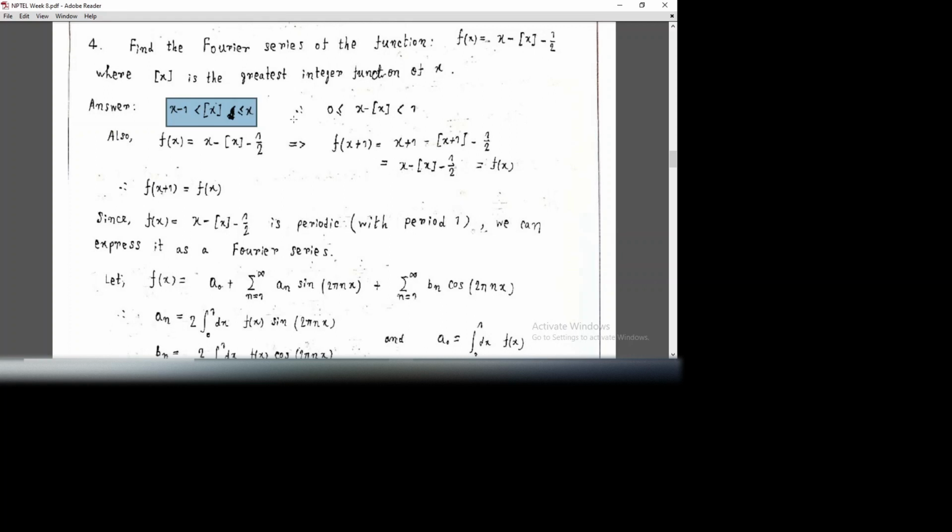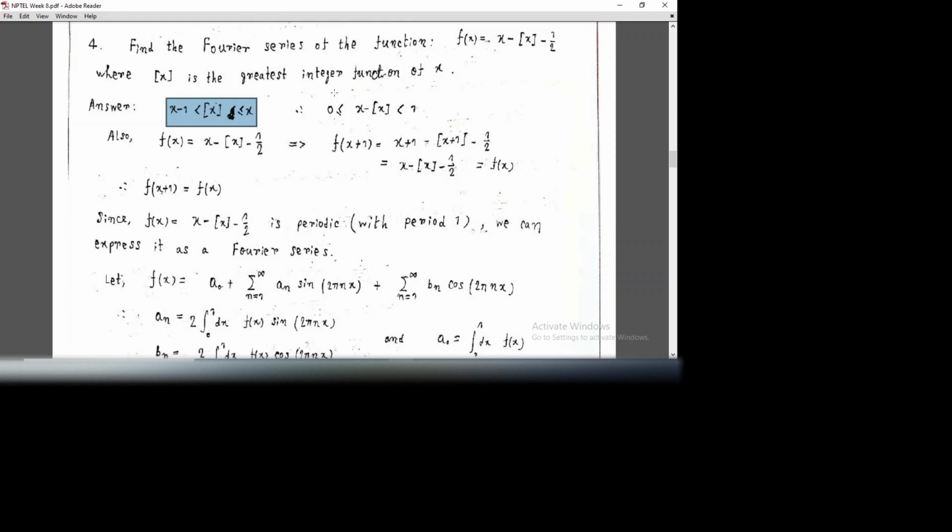Like 13.5, so box of 13.5 should be 13. Box of 12.1 should be 12. But box of 11 is 11. Similarly, in the negative axis, box of minus 1.9 is minus 2. So something like that, the largest integer less than or equal to x.